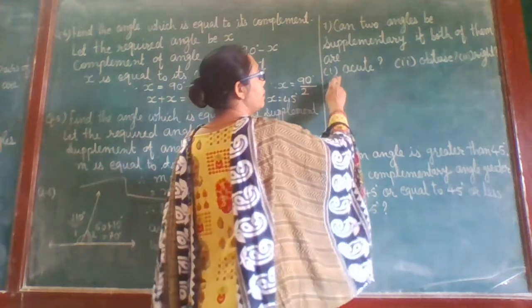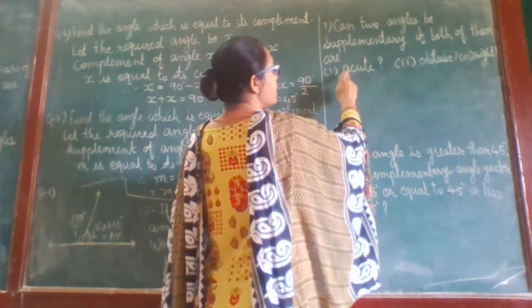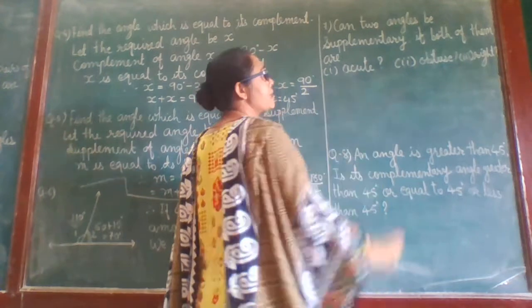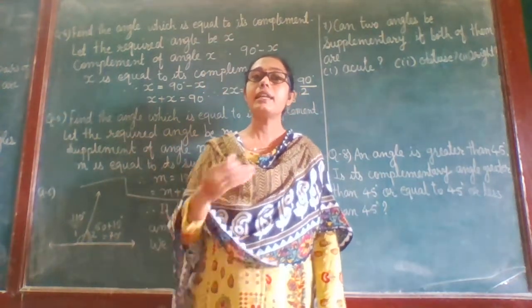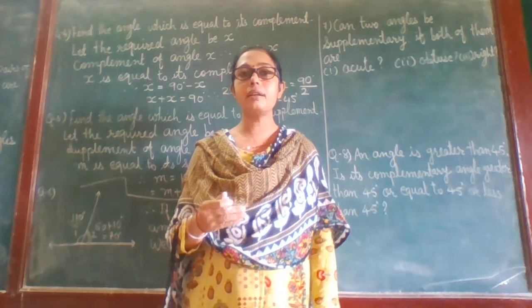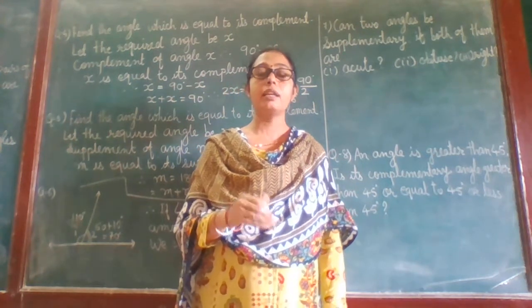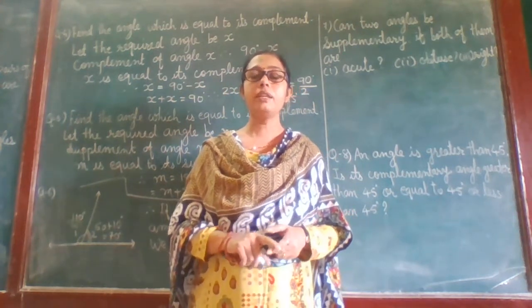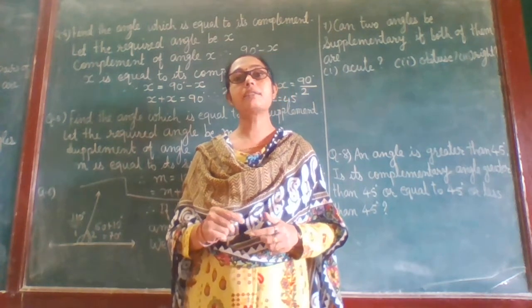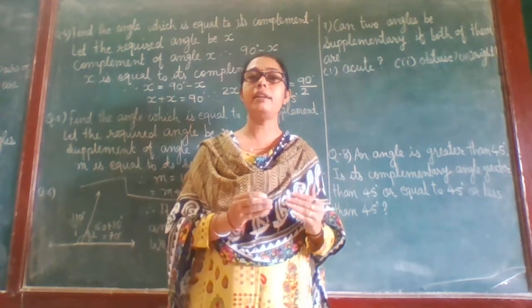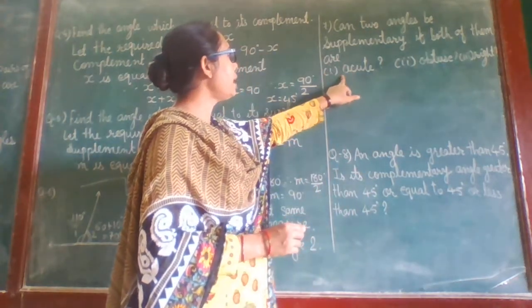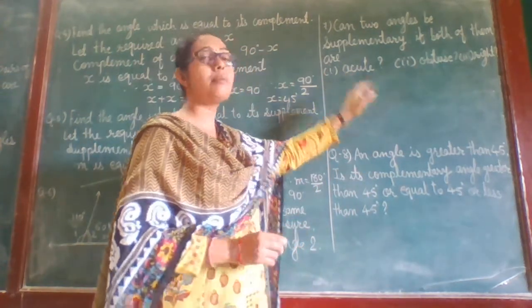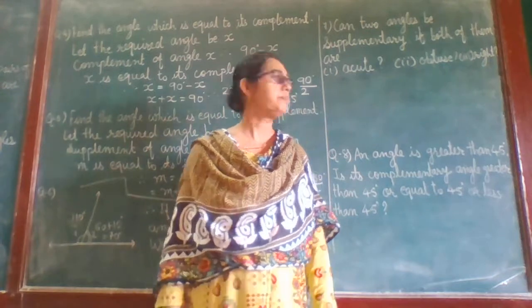Now they ask us, can two acute angles be supplementary? We know that acute angles means each angle has measure less than 90 degree. If we find their sum, we get their sum less than 180 degree. So two acute angles cannot be supplementary angles.